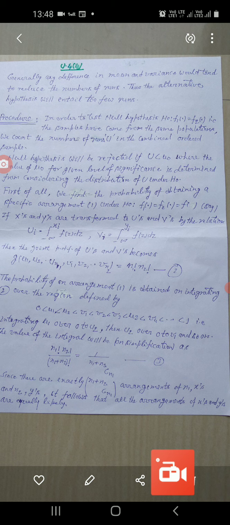It means integrating u1 over 0 to u2, then u2 over 0 to v1, and so on.